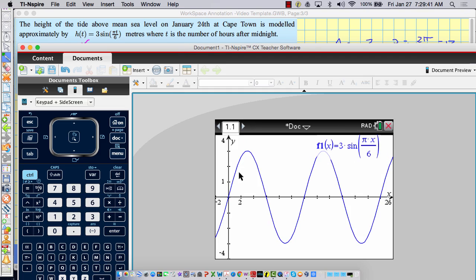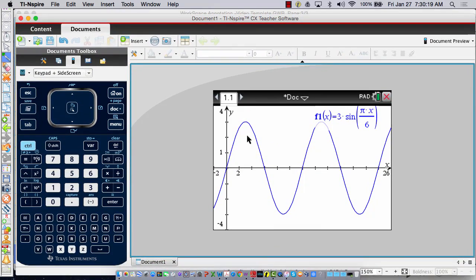Okay, and we have to find when it's 2. So remember, it's only a period of 24 hours. So this is 0. We're on a scale where our tick mark is 2. I thought I'd done 1. I'm not going to go back and check that because this says a 2. So 26, this is 24. So we know our graph is good. Then all we need to do is graph f of x is equal to 2.